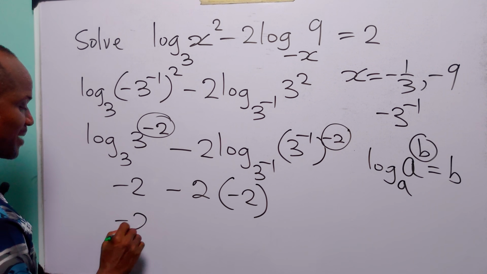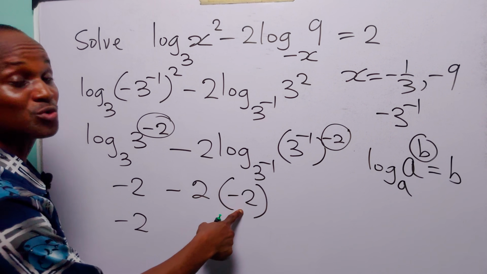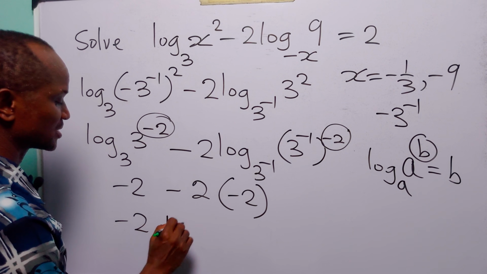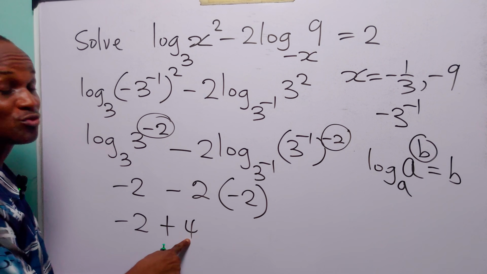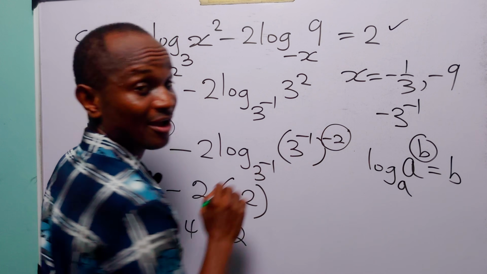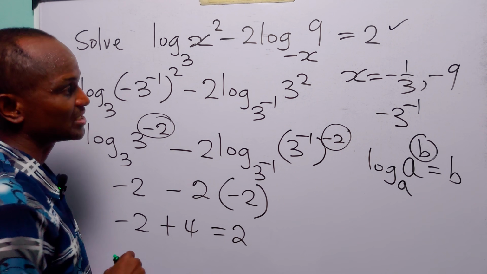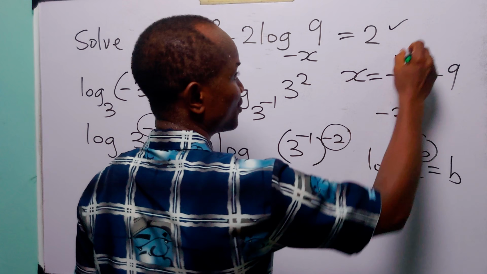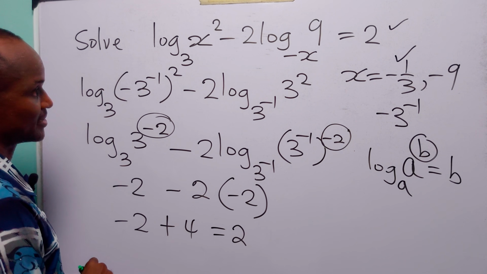Now here we have minus 2. Minus 2 times minus 2 is plus 4. Minus 2 plus 4 is equal to 2, which is exactly what we have on the right-hand side of the original equation. So this value of x is correct.